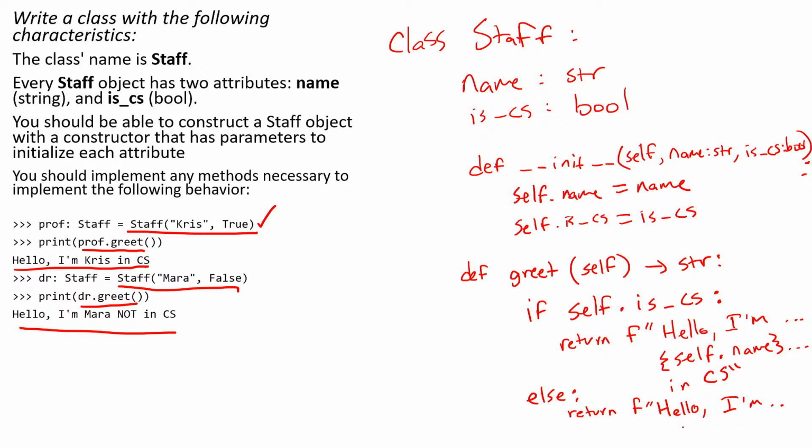This is sort of the most direct way of doing it. Self.name. And not in CS. All right, so I apologize for that getting small, but hopefully that makes sense.